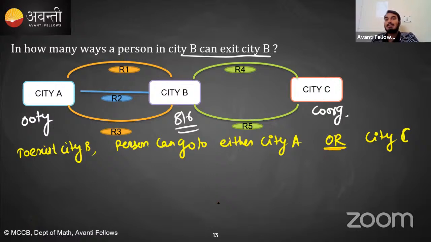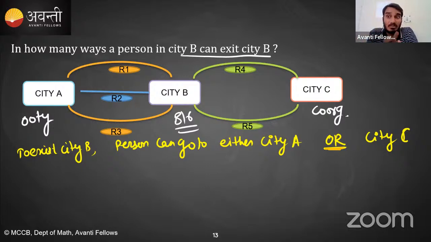Now it doesn't necessarily happen that these two things occur simultaneously. That person just has to leave city B, he has to get out of Bangalore. So that person may go to Ooty or that person may go to Coorg. Yes or no? So there is a choice that the person has.